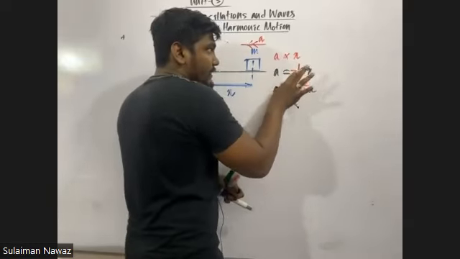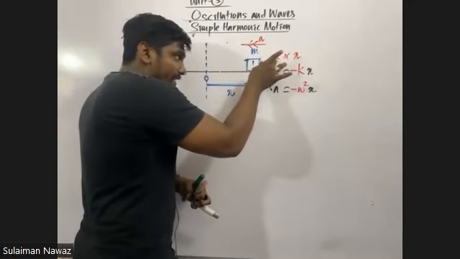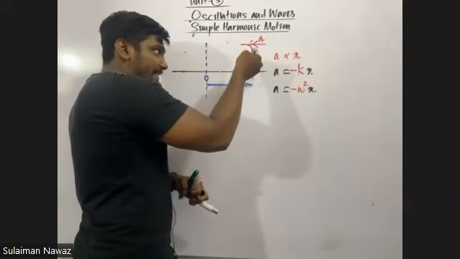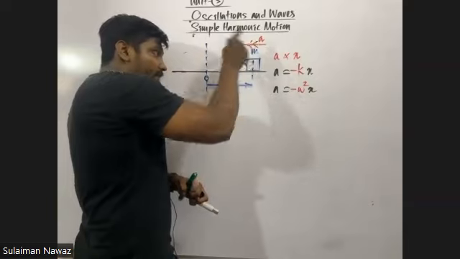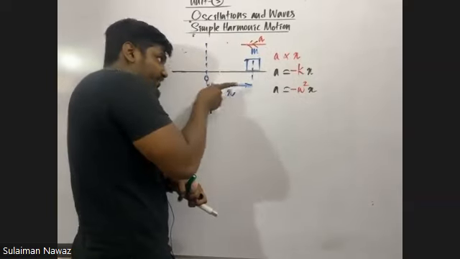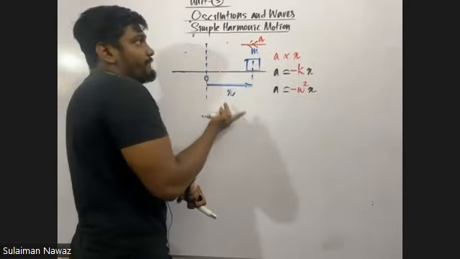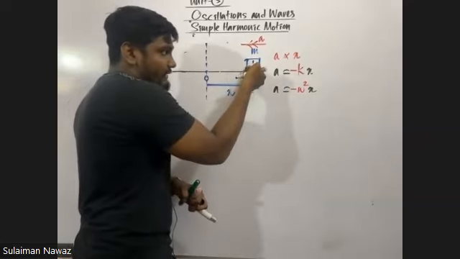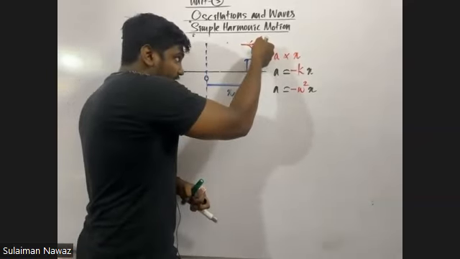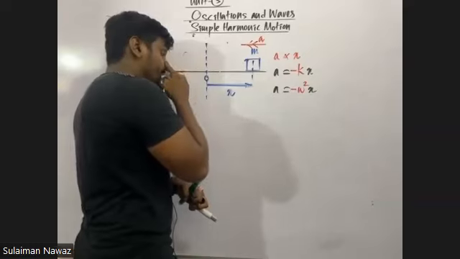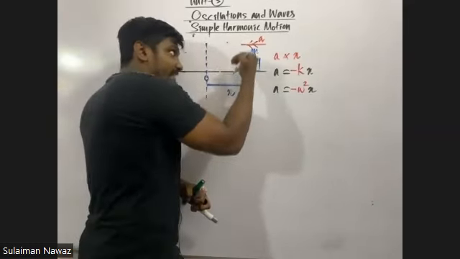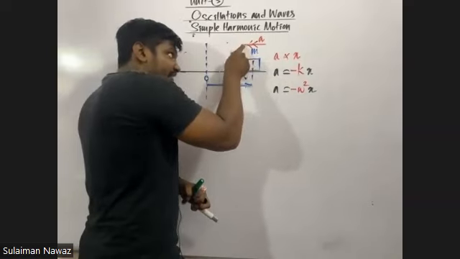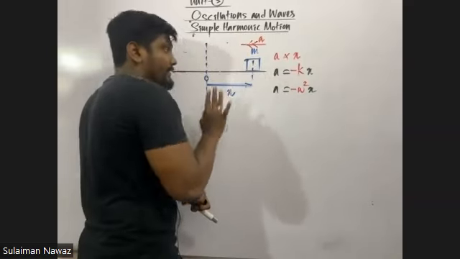The reason is, look at the relationship between acceleration and displacement. At any instant in the motion, the object's acceleration direction and displacement direction are opposite to each other. In this diagram, the direction of acceleration is to the left and the direction of displacement is to the right. So acceleration and displacement are opposite.